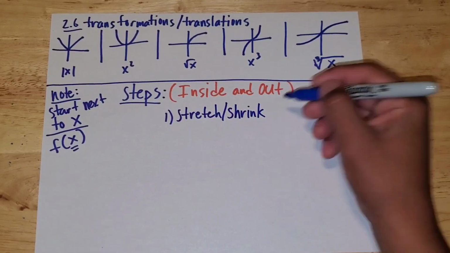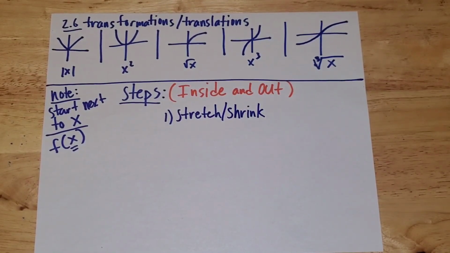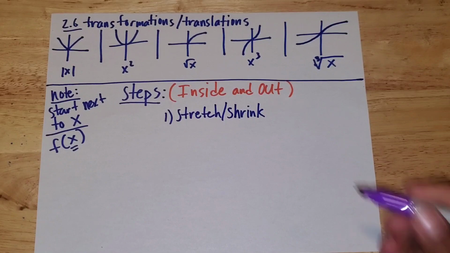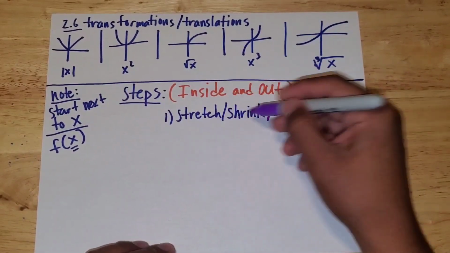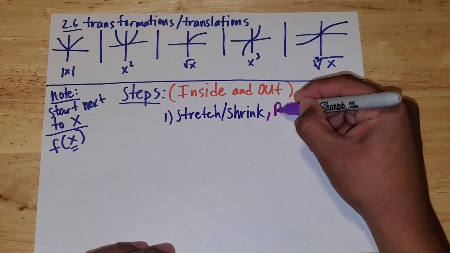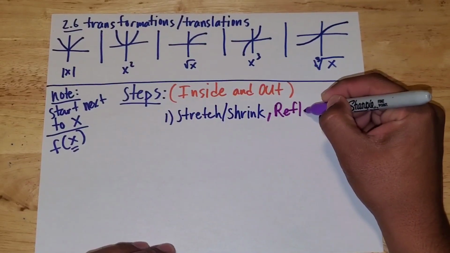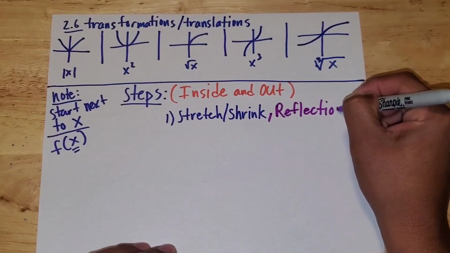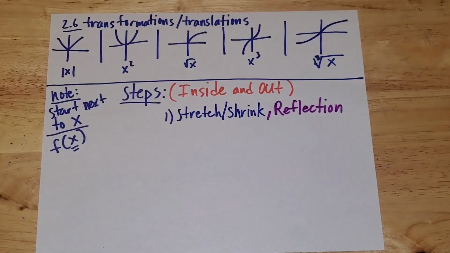Stretch and shrink go together. I'm going to do the other one in a different color so we can tell the difference. So there's stretch, shrink, and there's also a reflection. So stretch, shrink, and then reflect. These go together.